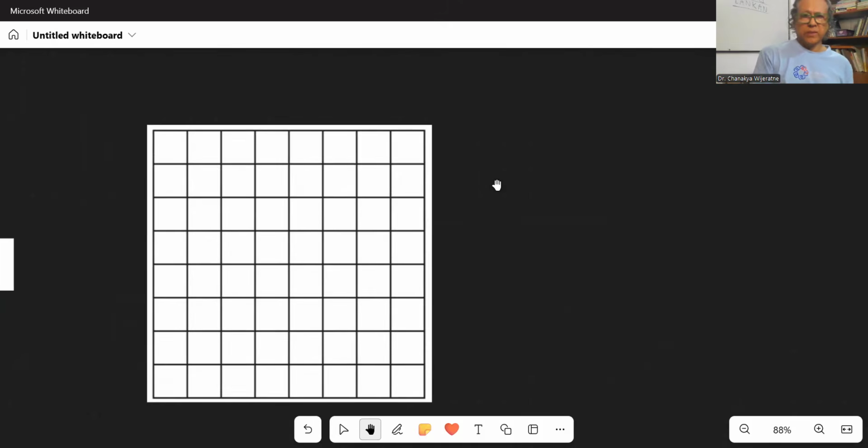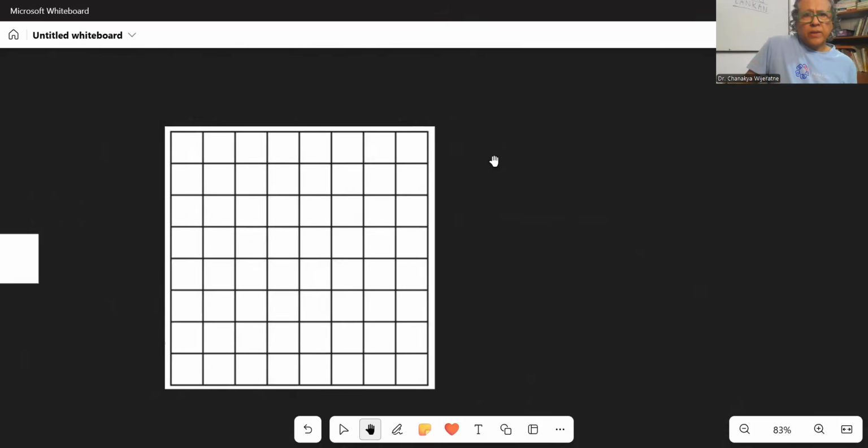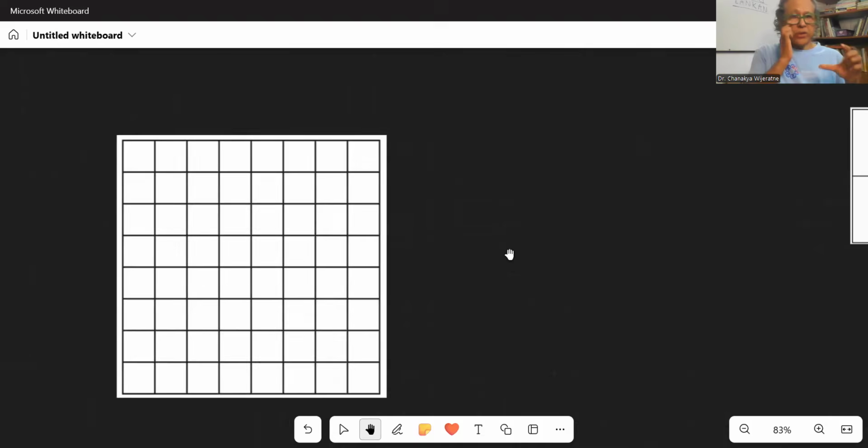Tile means that we need to cover the board with these dominoes. We have plenty of dominoes, so that every square of the chessboard is covered, with no overlapping of the dominoes and no gaps.